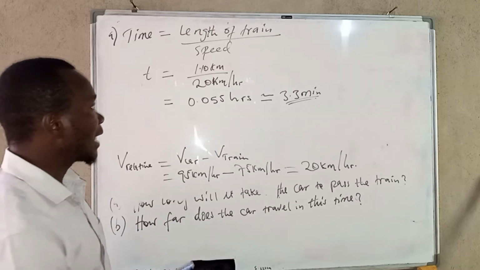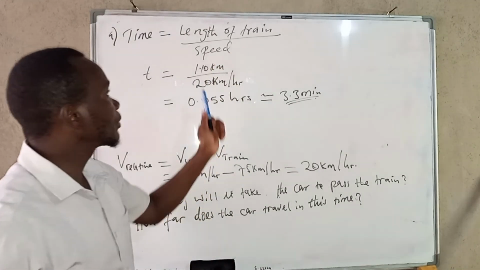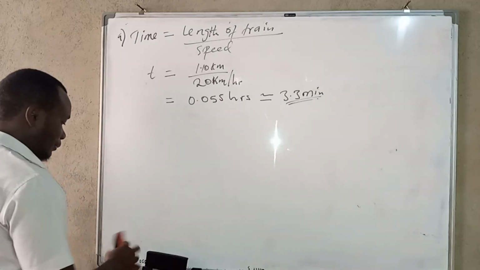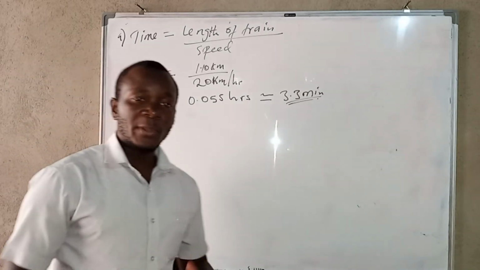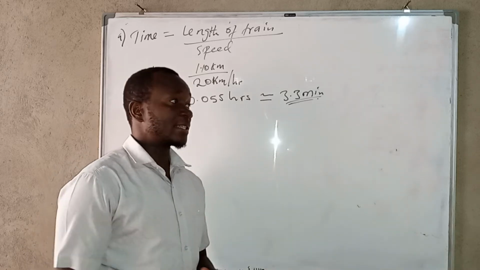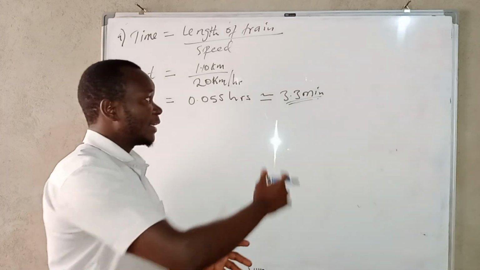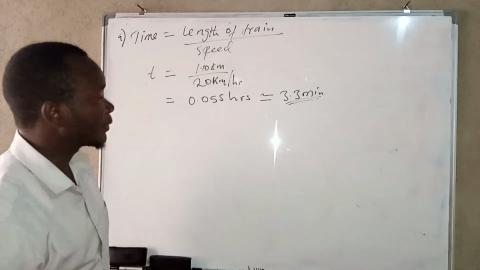If the length of train is 1.1 kilometers. So we're now required to find the distance it covers in this time. The distance that the car covers in this time.